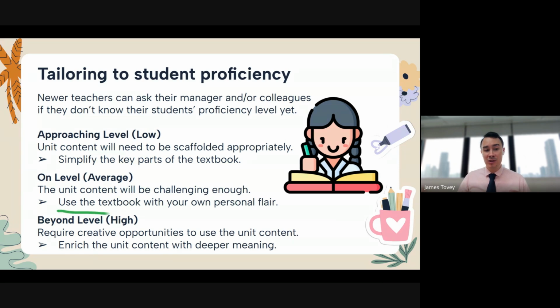So what you can do instead is use that unit content, use that textbook, and add your own personal flair to it. So change up some of the different activities that you do, but still follow that textbook as a guide. Now, this is a good point for me to point out that we do have a lot of academic resources within BFITS in our master classes and so forth.